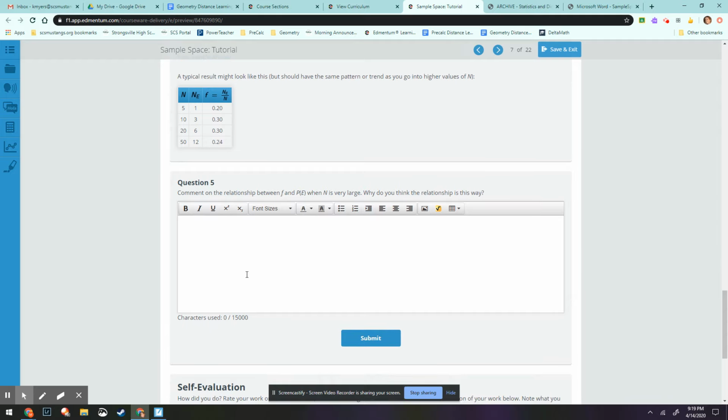What is the relationship between F? Remember, F is the actual results. And P of E is what we call the expected or predicted probability.